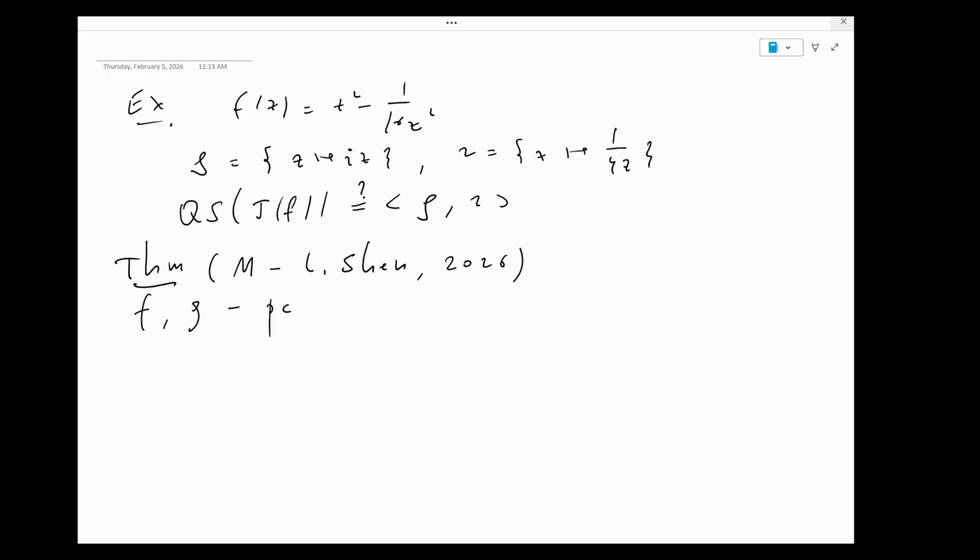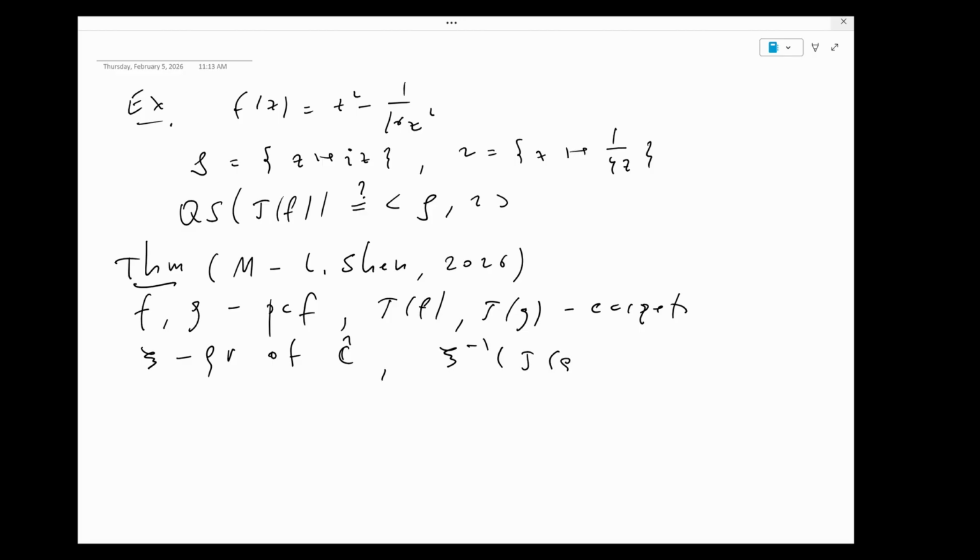Suppose you're in the same situation, PCF maps with Julia sets being carpets, and C is a quasi-regular map of the whole Riemann sphere with the assumption that I already stated.